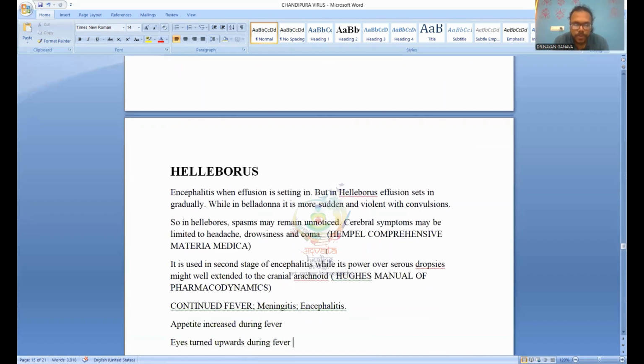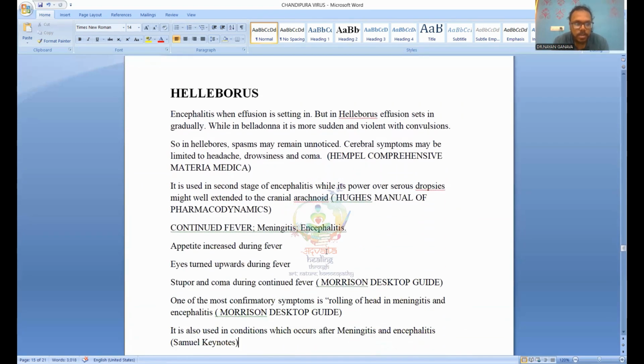So if we see further, there is another remedy which has very widespread action like belladonna and opium. This remedy is also indicated in last stages of Chandipura vesiculovirus infection. Encephalitis, when effusion is setting in, but in Helleborus effusion sets in gradually.